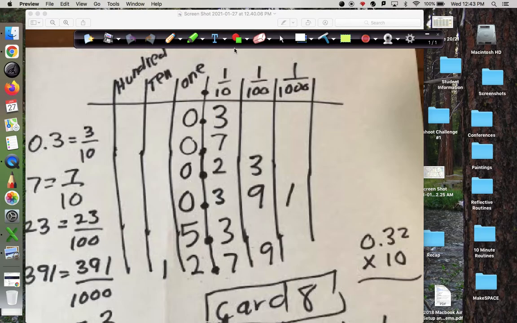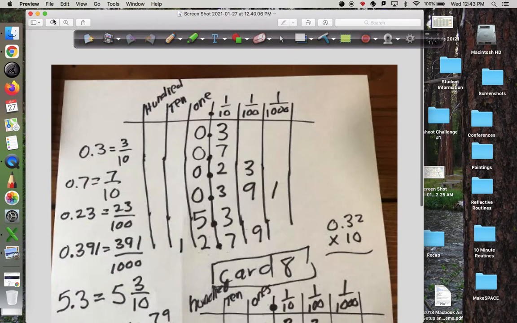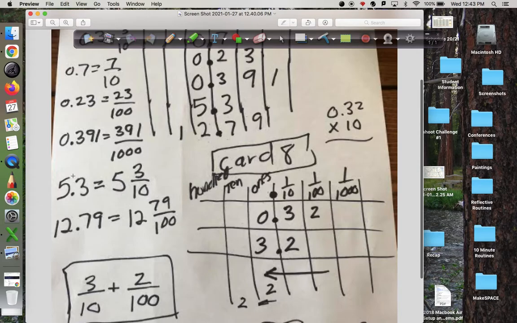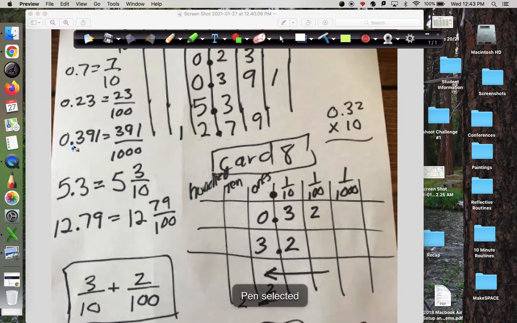So let me zoom out here a little bit and see what else we have. So on this one right here, this one is 391, so you say 391, and then the 1 is in the thousandths place, so it's 391 thousandths.